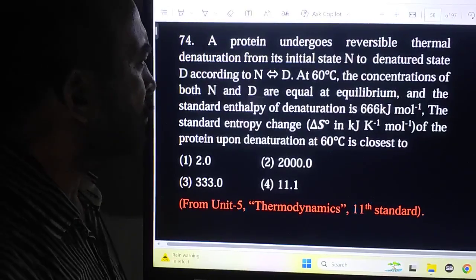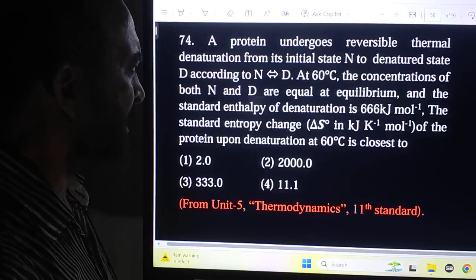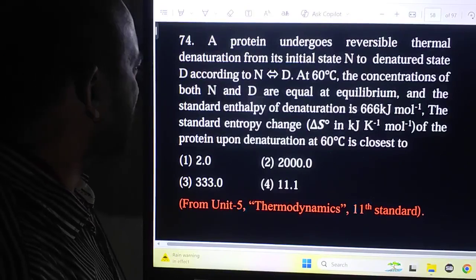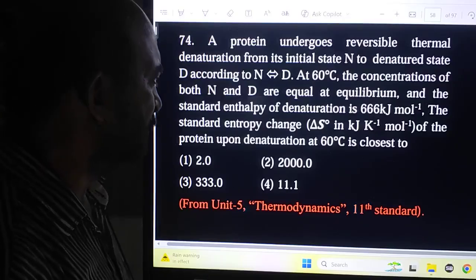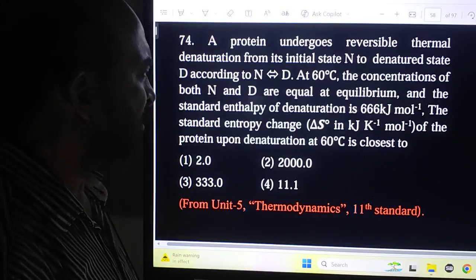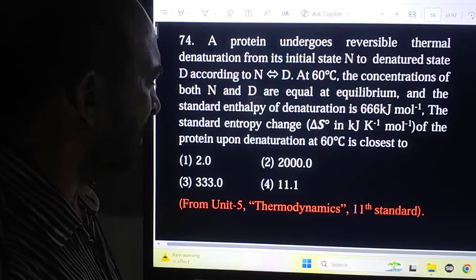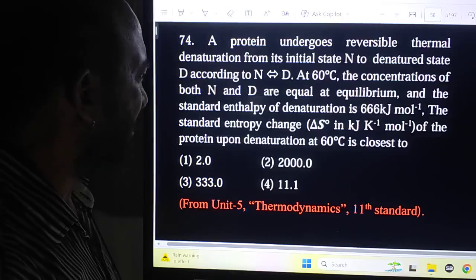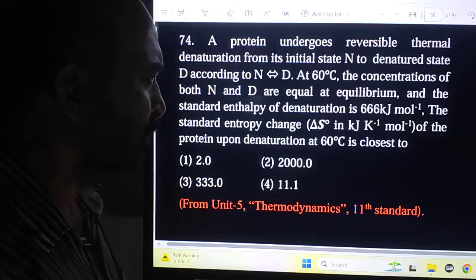A protein undergoes reversible thermal denaturation from its initial state N to denatured state D, according to N reversibly giving D. At 60 degrees Celsius, the concentrations of both N and D are equal at equilibrium, and the standard enthalpy of denaturation is 666 kJ per mole.